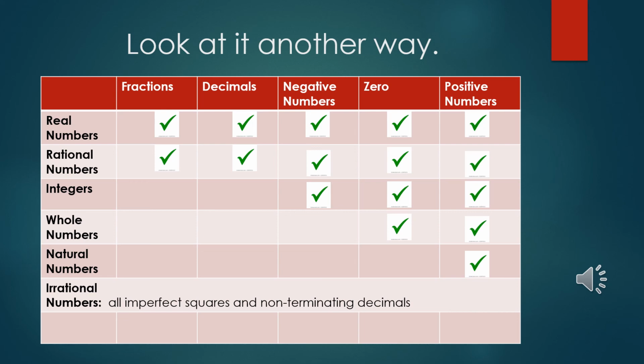Irrational numbers include all imperfect squares and non-terminating decimals. You can see how each subset of the set of real numbers becomes smaller with each change in the category.